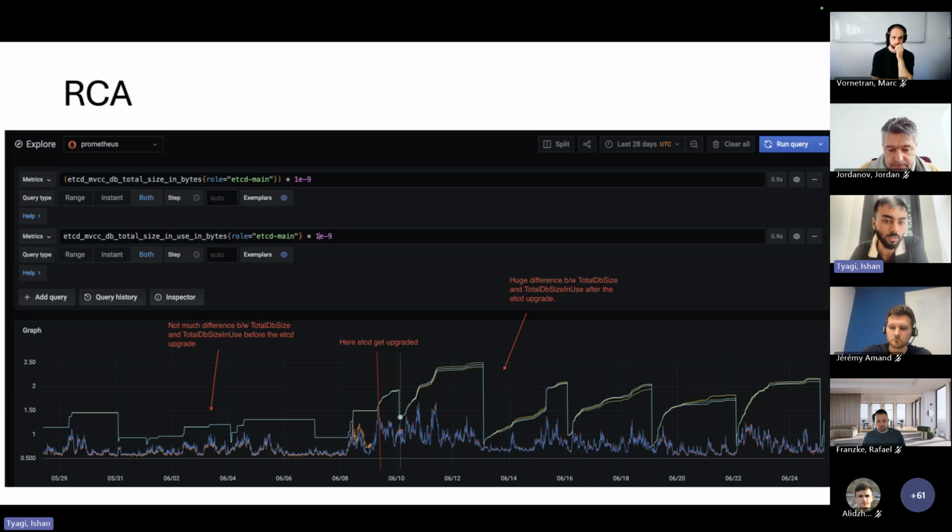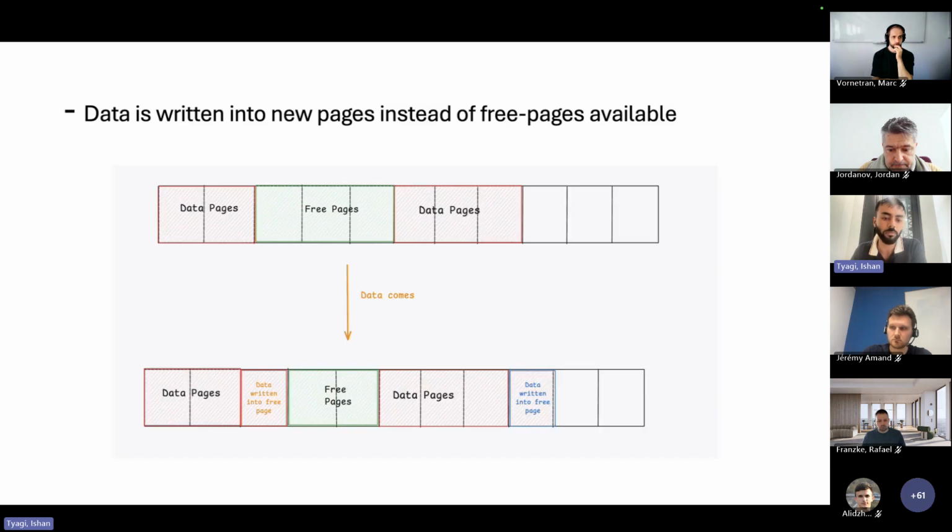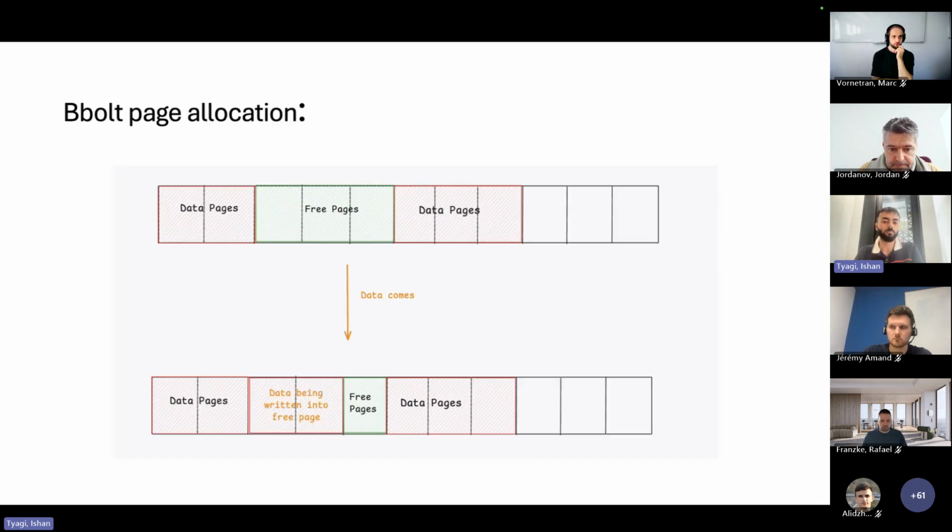And so what actually was happening is, this is the bolt DB file. When data comes, bolt DB maintains a list of free pages. When data comes, it finds out, okay, I have free pages available, and it writes into these free pages instead of allocating more pages.